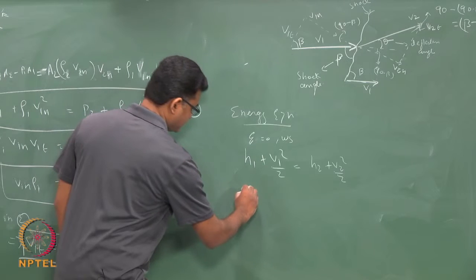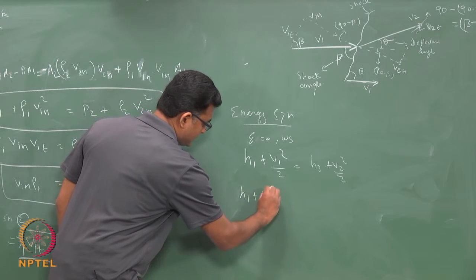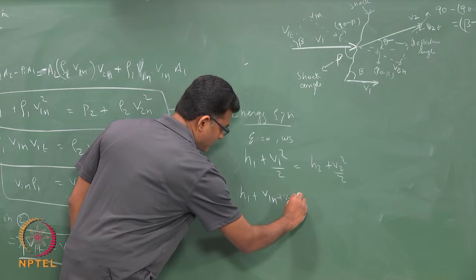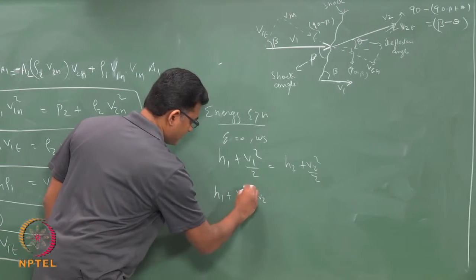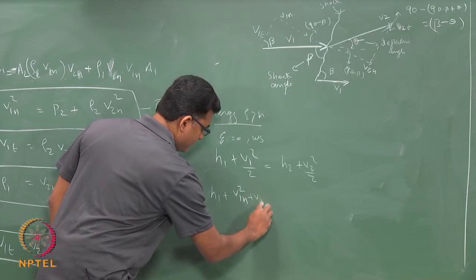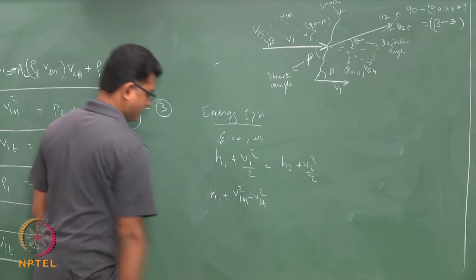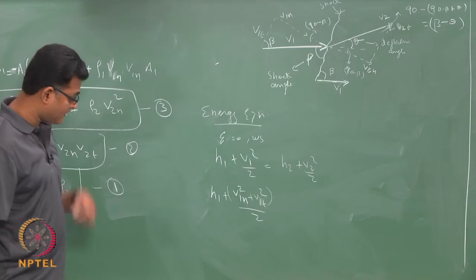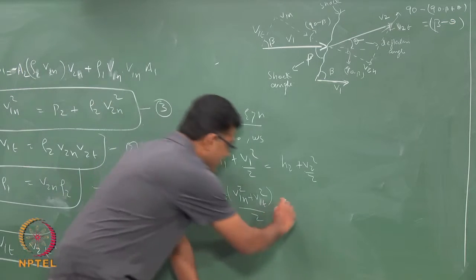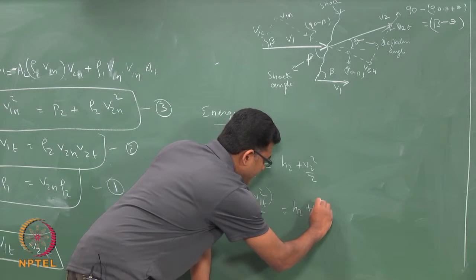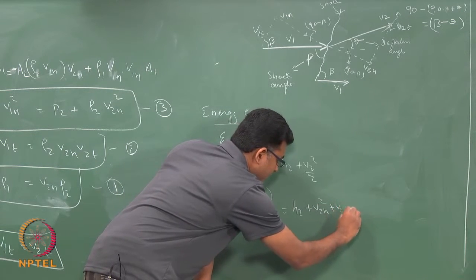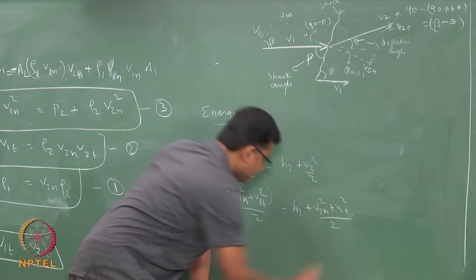So, H1 plus (V1n square plus V1t square) by 2 equals H2 plus (V2n square plus V2t square) by 2.